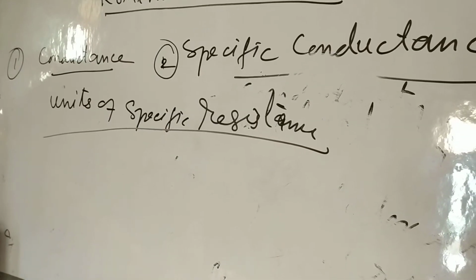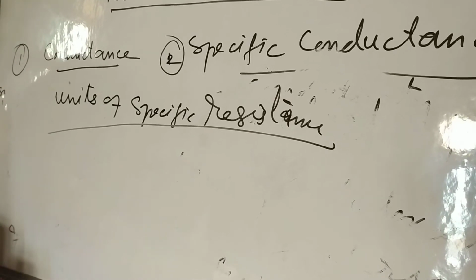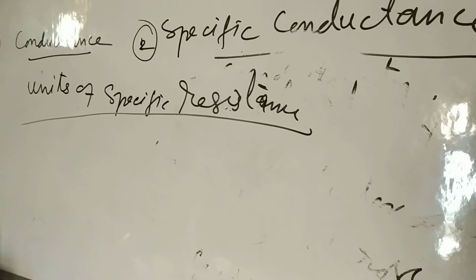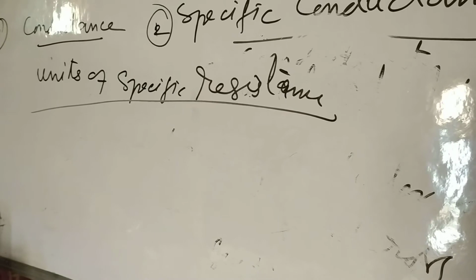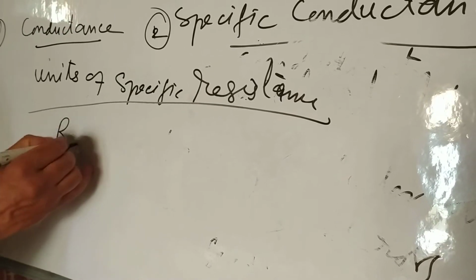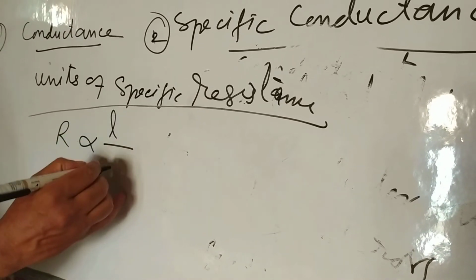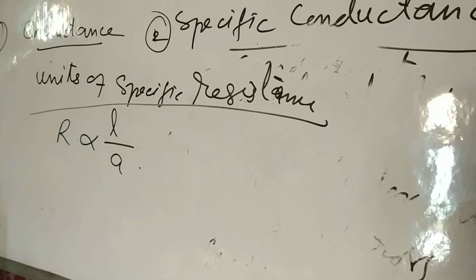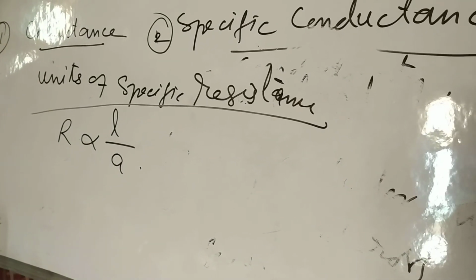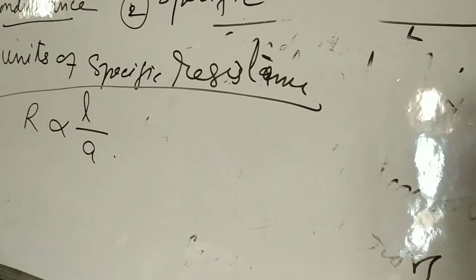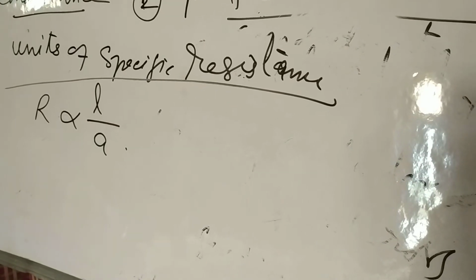Let us move towards the units of specific conductance and specific resistance. First, specific resistance. We know that resistance is directly proportional to the length of the conductor and inversely proportional to the area of cross section. This means that a longer conductor will have more resistance than a shorter one.